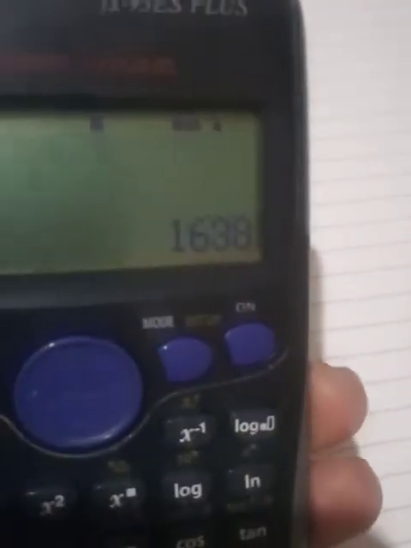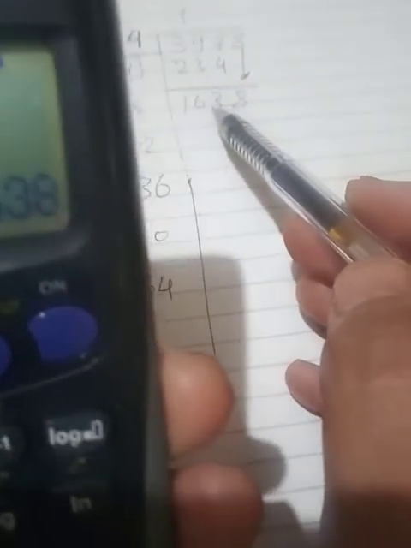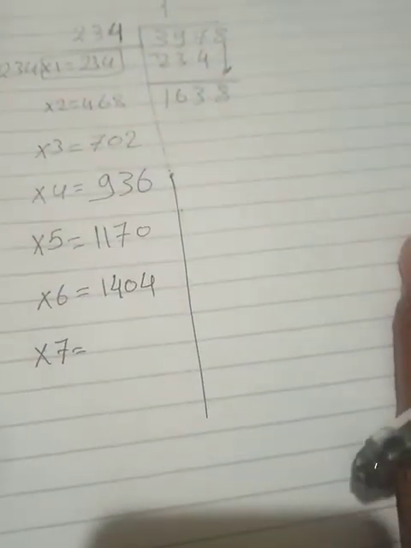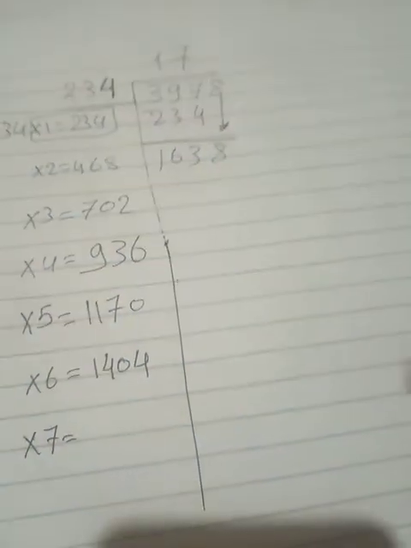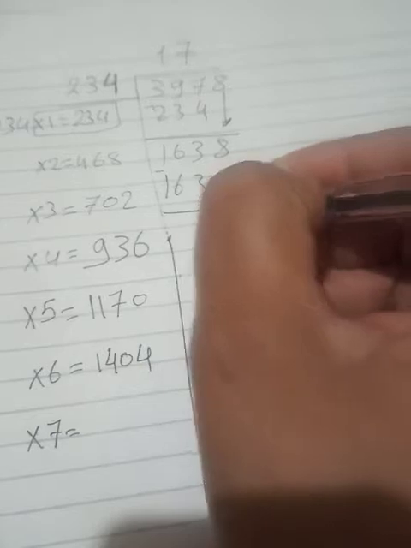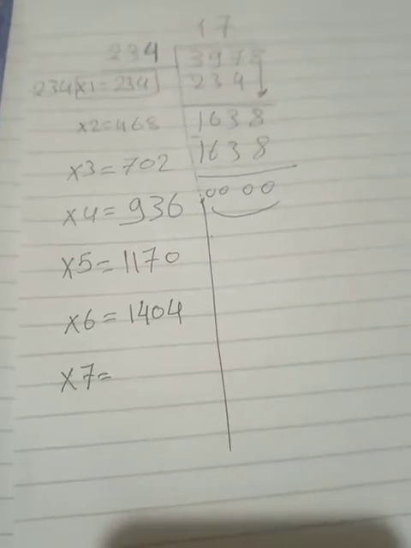Now my answer is the same number, 1638. Now put 7 up and 1638 down, and now make minus, and we finished my example.